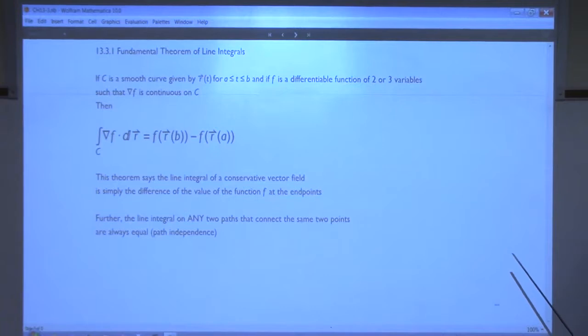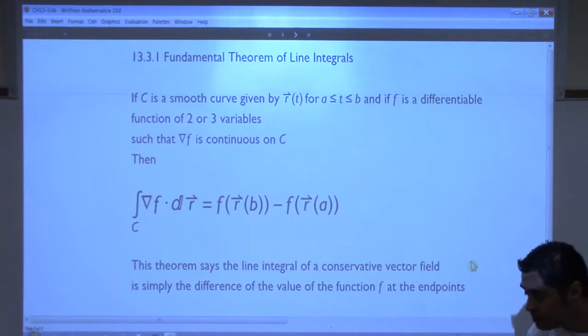All right. Make this a little bigger. So here it is.